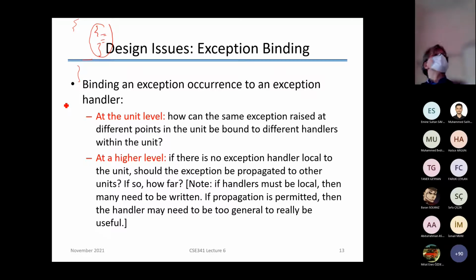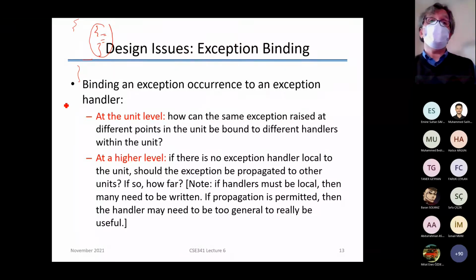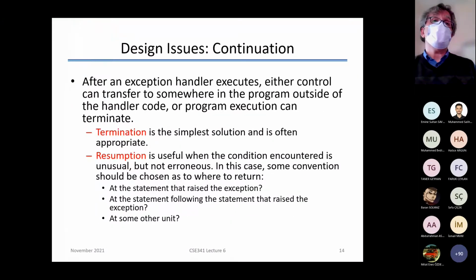Yes, you can do that, but then you have to decide up to which point I can allow that. And in that case, tracking of these things will become a little bit difficult. Of course, you have to decide what you want to do here as part of the design issues of your programming language, right?